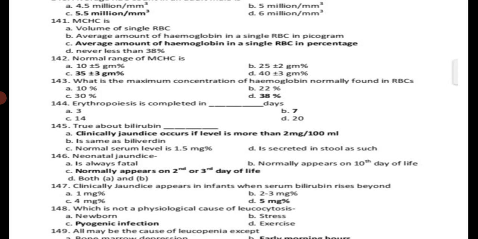Question number 145. True about bilirubin. Clinically, jaundice occurs if the level is more than 2 mg per 100 ml. Yes, it is correct. There is jaundice when there is a higher level of bilirubin than 2 mg per 100 ml. Bilirubin is an orange yellow pigment that is produced by the breakdown of RBCs.